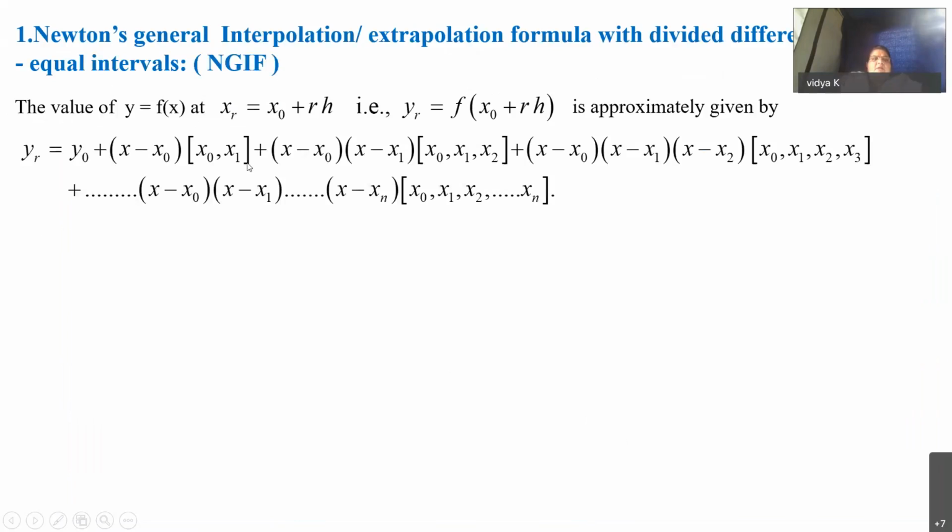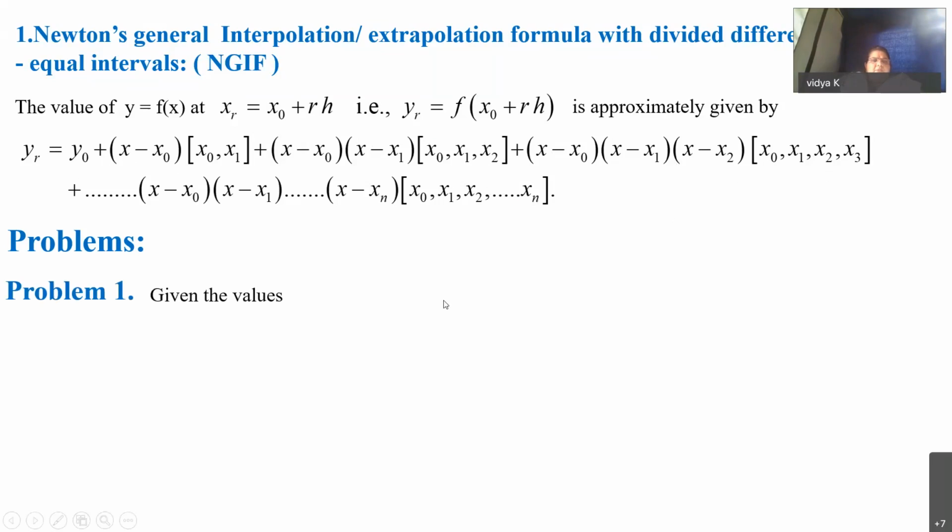It is given by y, that is the y value at the intermediate value of x, is y0, the first value, plus (x minus x0) into the first order difference among the first values x0 and x1, plus this one repeated: (x minus x0) and one more factor (x minus x1), and the first value in the second order table, plus this one into this one, plus one more term (x minus x2), and into the third order. Like that it goes.